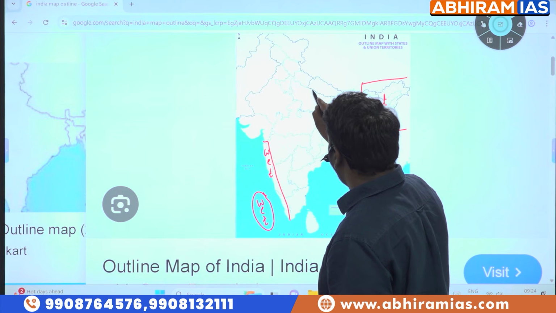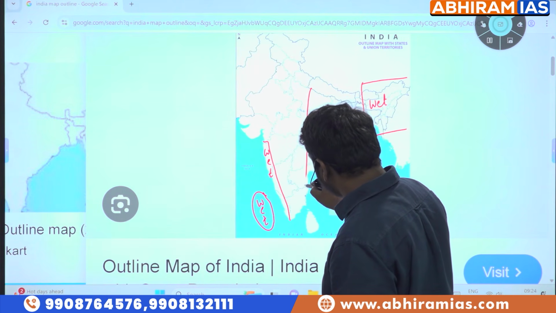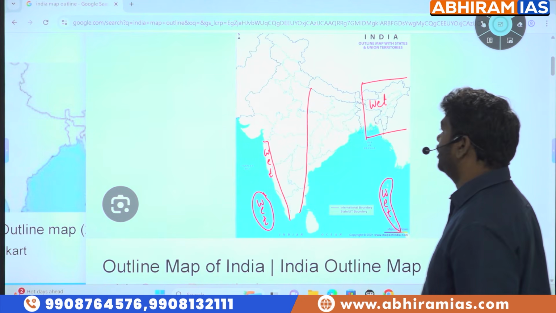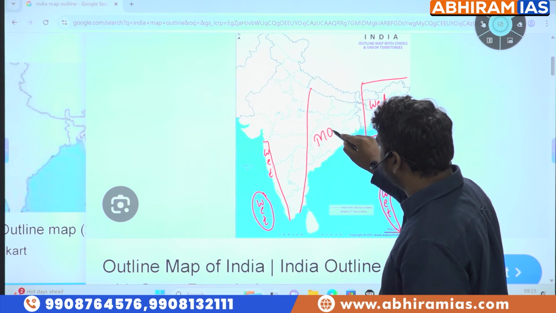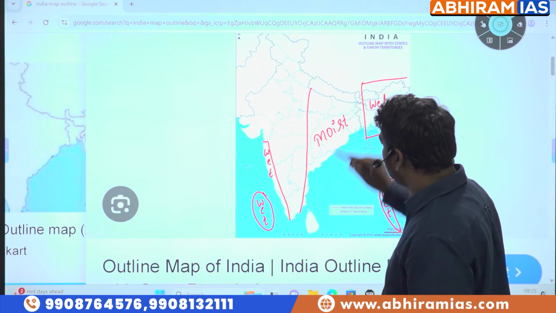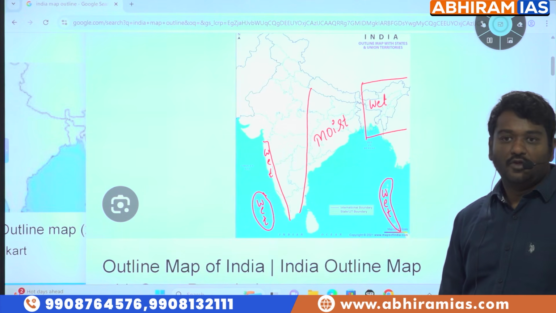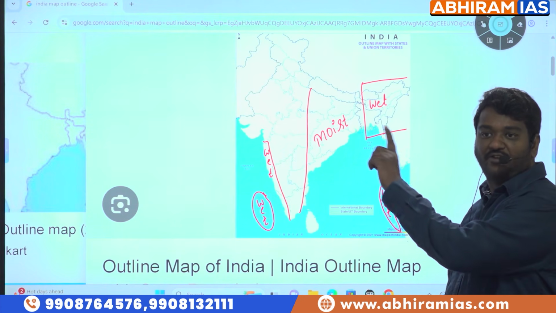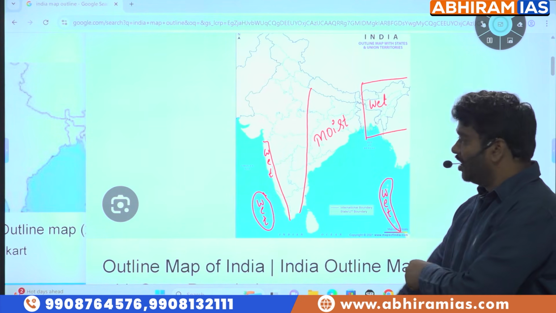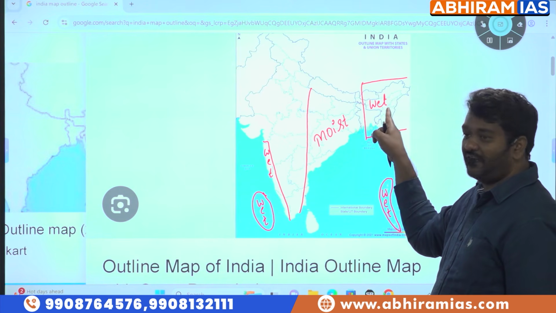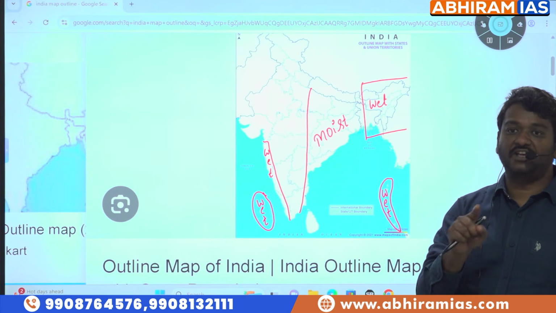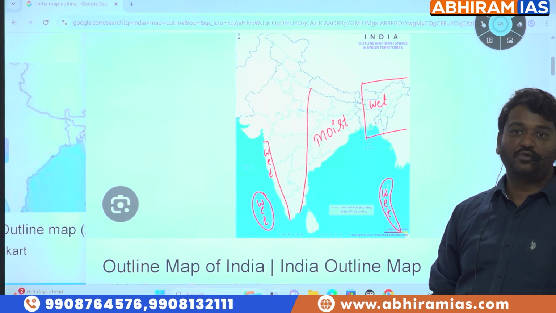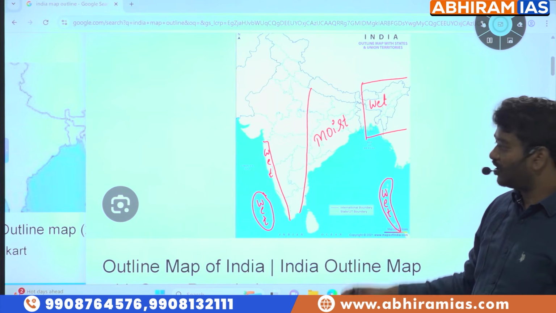Next, if I take Prayagraj like this, whatever is on the eastern side is called moist climate. You know that east to west rainfall reduces. So wet here, moist here. Moist region, moist deciduous forest, 100 to 200 centimeter. Which are all the states here?